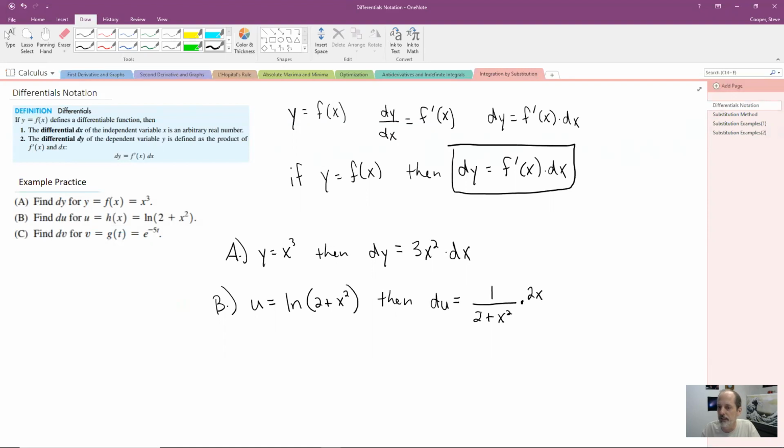Okay, so that's the chain rule. And then times dx. So that was our f prime of x dx. Looks better if I say du equals 2x over 2 plus x squared dx.